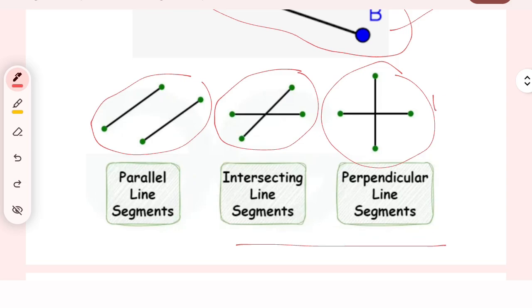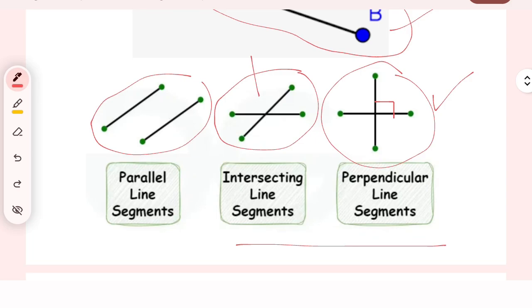However, the last one, they're intersecting perpendicularly. So they are perpendicular line segments. That means they intersect at right angles, at 90 degrees. The previous one is actually not 90 degrees, right?